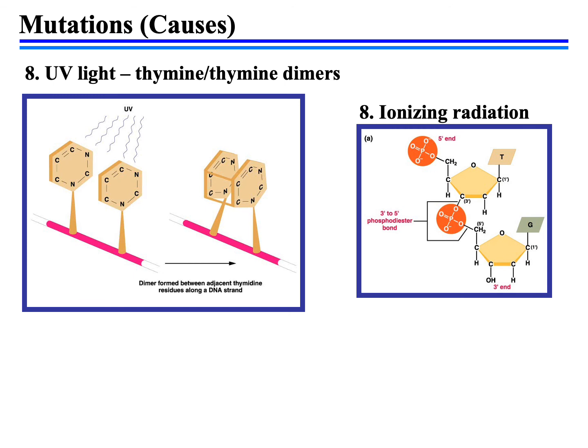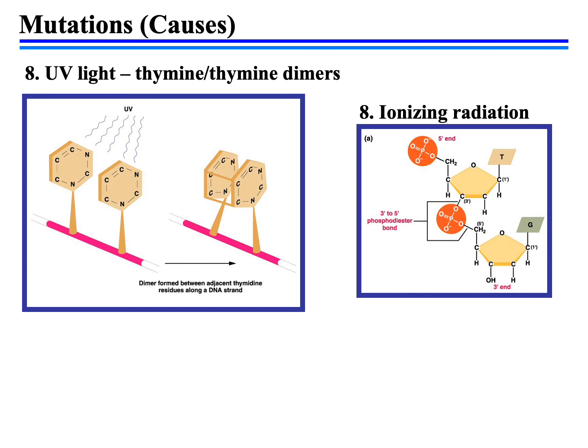In particular, if there is a DNA sequence that has two thymines right next to each other, exposure to UV light can cause what's known as a thymine-thymine dimer. If you look at this figure, you can see that covalent bonds have now formed between these neighboring thymines. This then causes a structural distortion in the DNA.